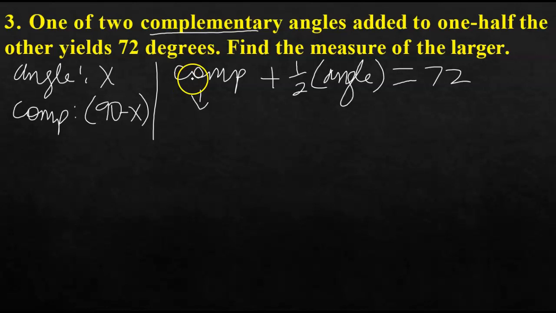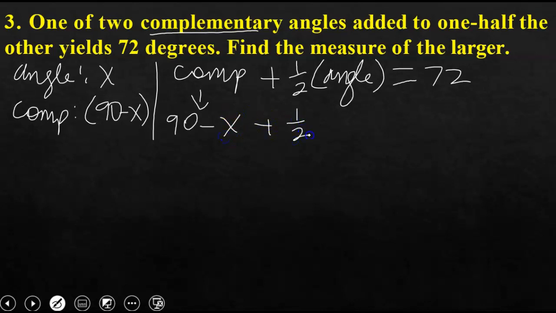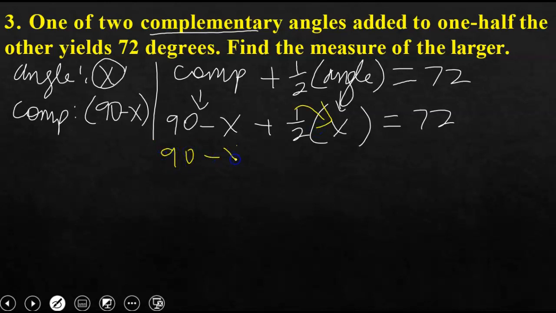You can also say the angle plus 1/2 of the complement, because they say 1/2 of the other, it doesn't matter. You will still get it correct. So the complement is 90 minus x, plus 1/2 of the angle, which we represented as x, equals 72. Now we solve. Distribute here, so we get 90 minus x plus 1/2 x equals 72. Now we collect like terms.